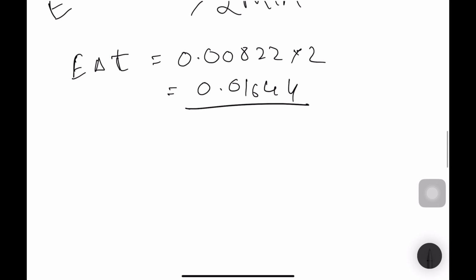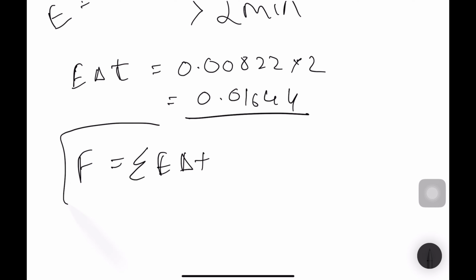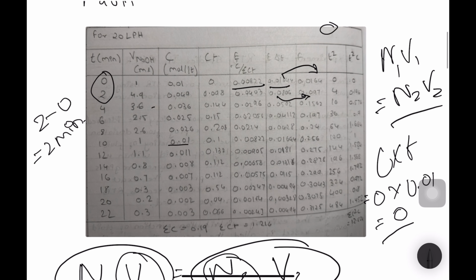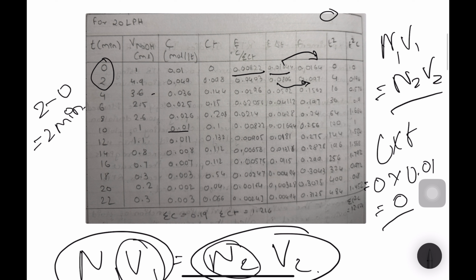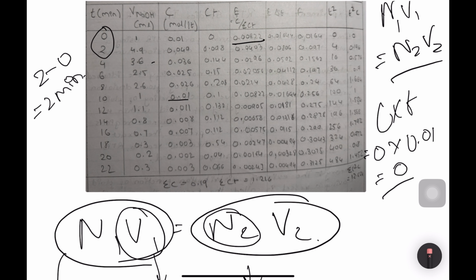Now let's go to the next part, which is F. We know that F is the summation of E delta t. Now let's go through the observations.